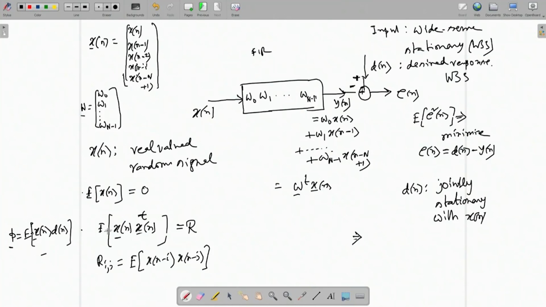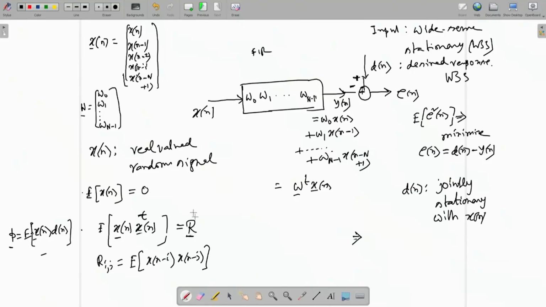All variables with an underscore indicate a vector. If it is lowercase with an underscore, it is a column vector. A row vector means the transpose of a column vector. So we follow a notation: every column vector is denoted by a lowercase letter with an underscore. For a row vector, first draw the column vector, then put a transpose on it so that it becomes a row. For a matrix, we again use an uppercase letter with an underscore.